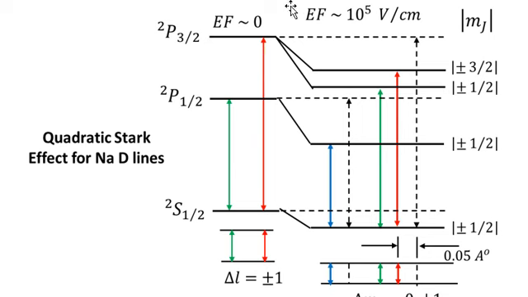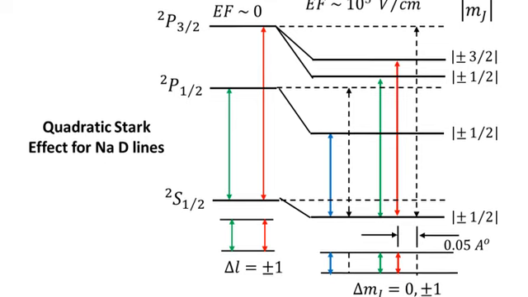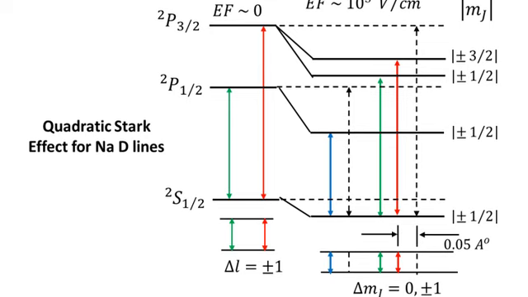The quantum states are determined by the value of mj mod, and the J value is, for example, 3 by 2 from the 2p3/2 state, J is equal to 1/2 from the 2p1/2 state, and similarly J is equal to 1/2 from the 2s1/2 state. So these J values will split into mj values in order to determine these states corresponding to the Stark effect, and the transitions have also been shown.